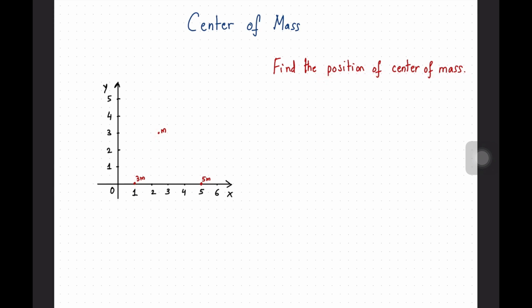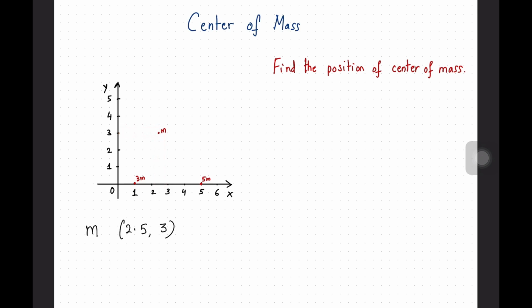Because we want to find the position of center of mass, the first thing we will do is write what are the coordinates for each one of the masses. So for m, we can see it is 2.5, 3. That means 2.5 on the x-axis and 3 on the y-axis. Once again, let's just double check it.